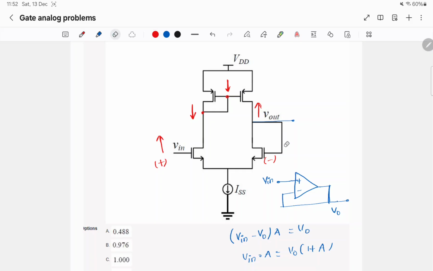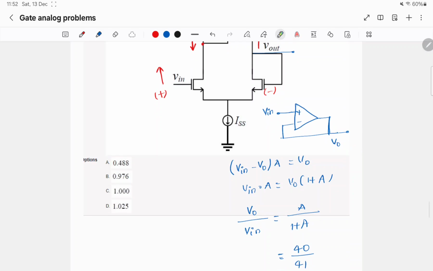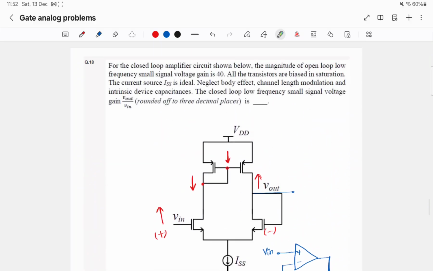In the question they have connected negative terminal of the op-amp to the output, so it will look like this. This is a buffer. So if the gain was infinity, V0 by Vin will be 1, but here the gain is 40.